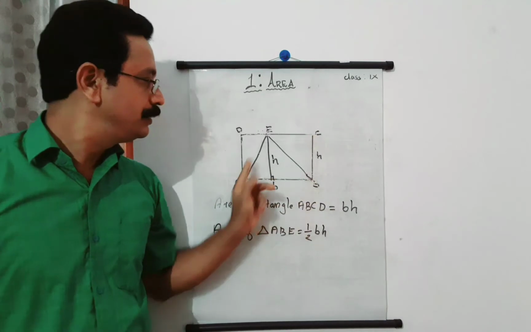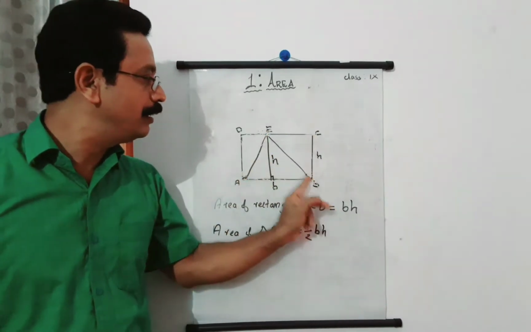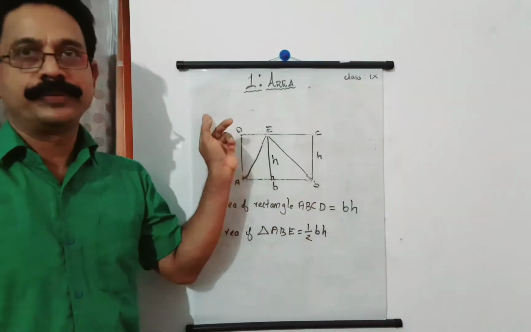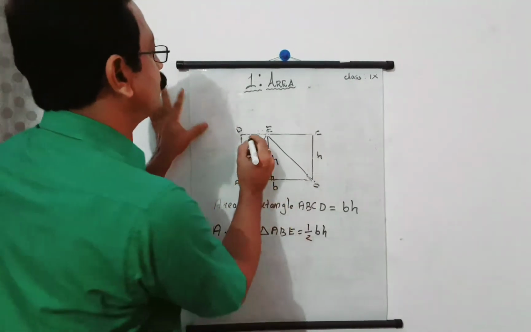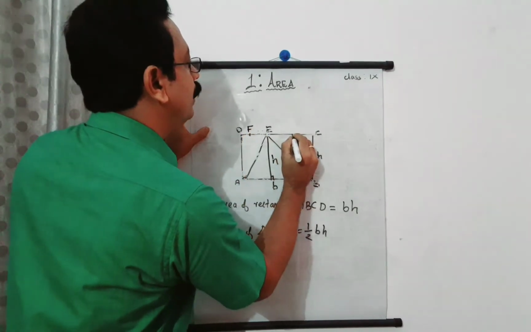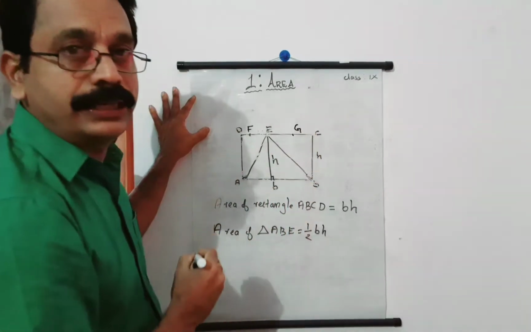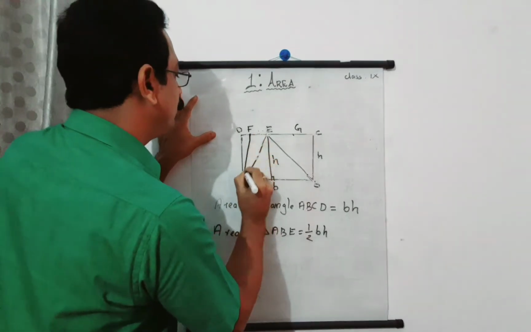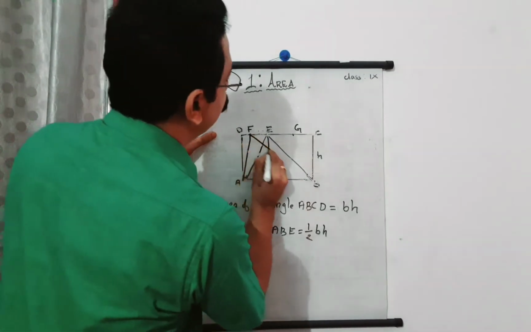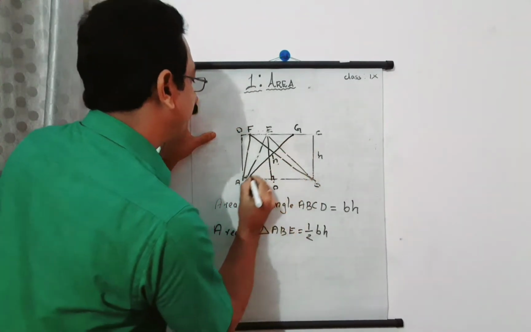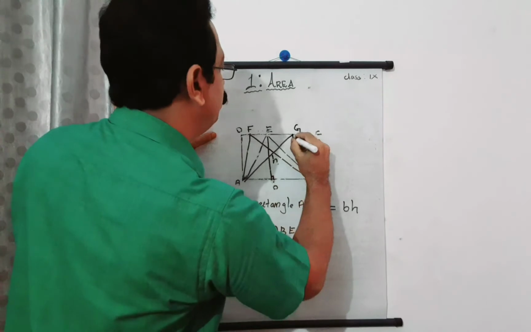That is, area of this triangle is half the area of this rectangle. Now I am going to mark some more points on this side, F and G. As earlier, joining A to F and B to F, G to A and G to B.